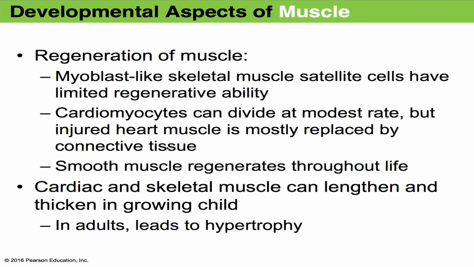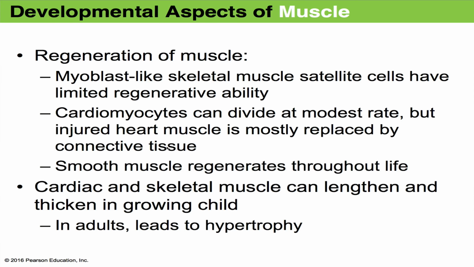As far as regeneration of muscle goes, skeletal muscle has myoblast-like cells called satellite cells. These cells have a limited regenerative ability to deal with dead skeletal muscle tissue. In cardiac muscle, cardiomyocytes can divide at a modest rate. But when it comes to injured muscle, we thought that was the end of it.